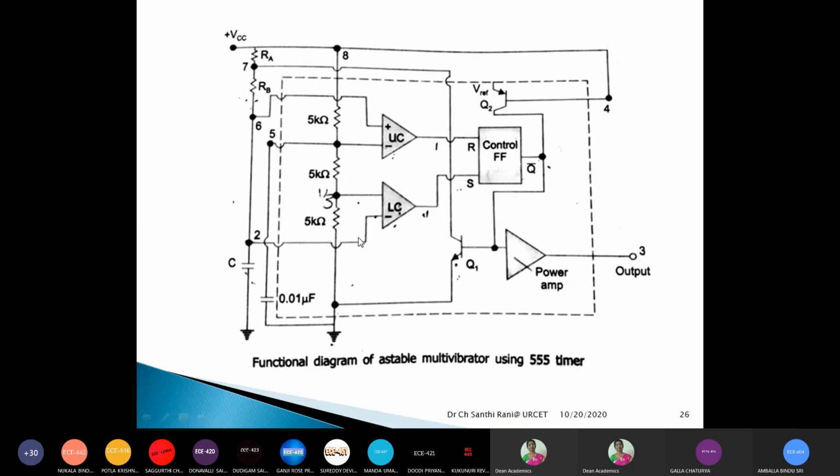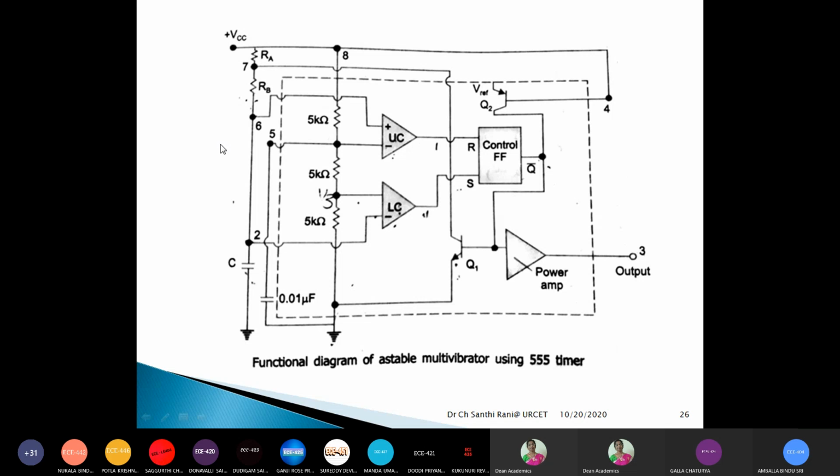But now in astable mode, we are giving at the second input the voltage across the capacitor as the input voltage to the lower comparator, and the reference voltage is 1/3 VCC. Now, whenever the voltage across the capacitor passes this 1/3 VCC, then we will get lower comparator output 1, right? So that is what we want to say.